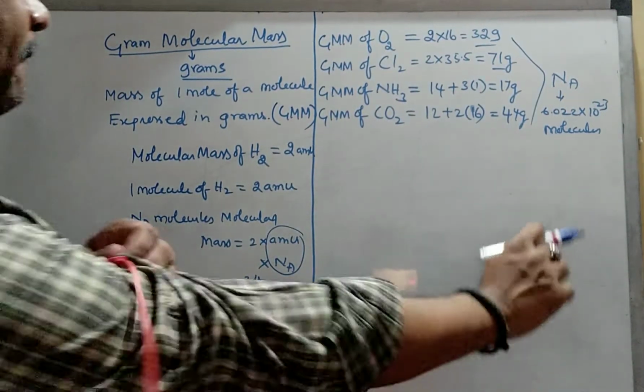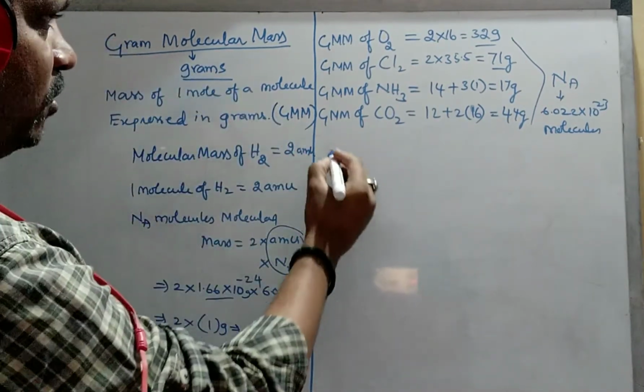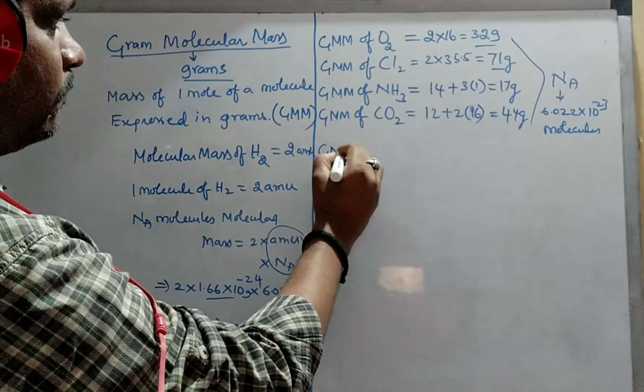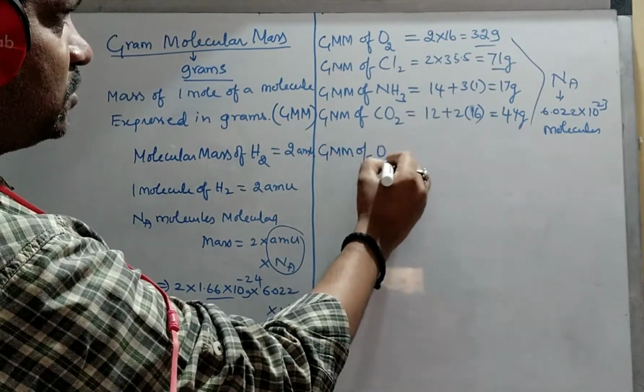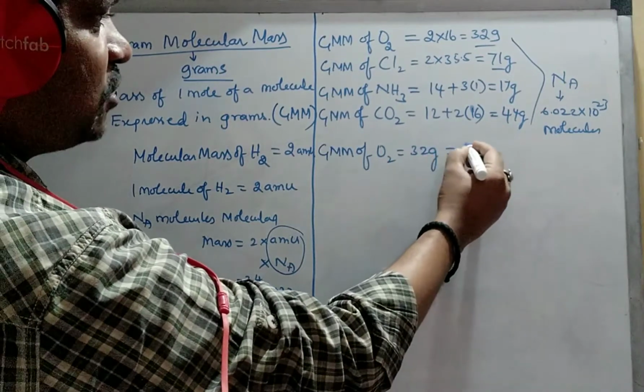Suppose we take the gram molecular mass of oxygen, that is 32 grams, which equals Avogadro number.